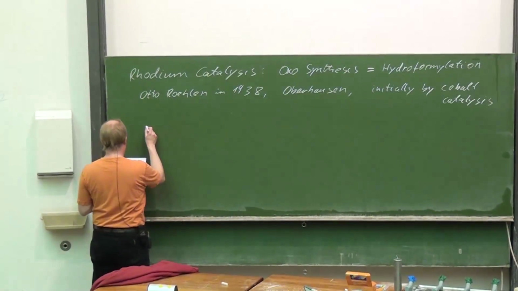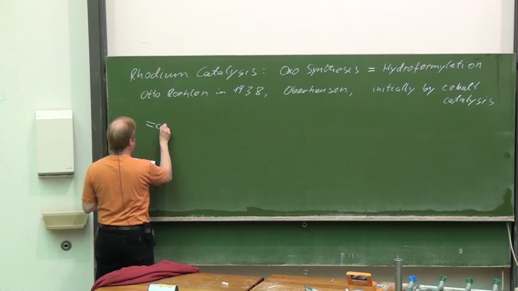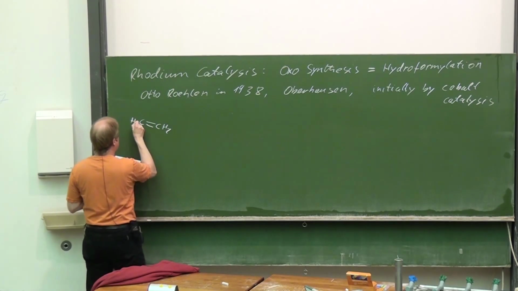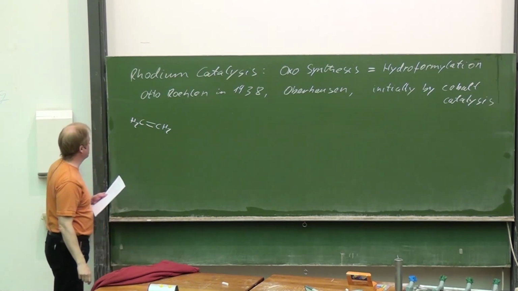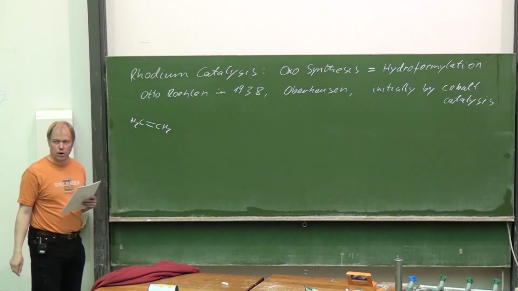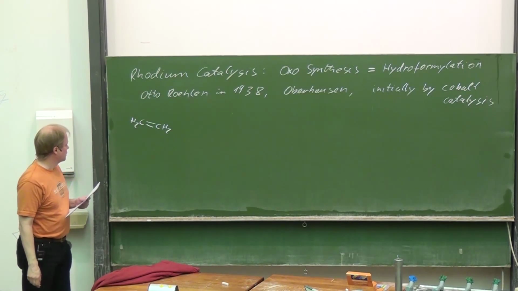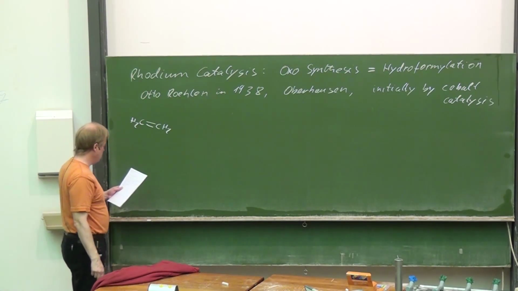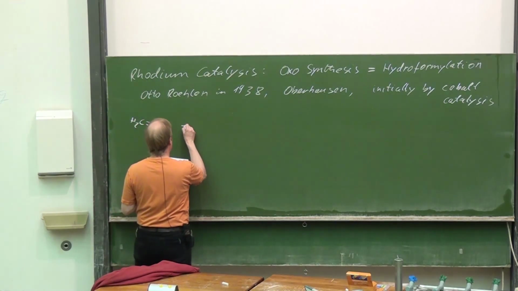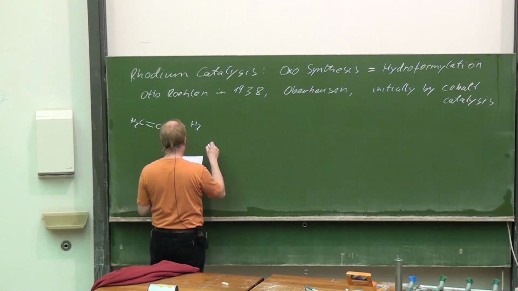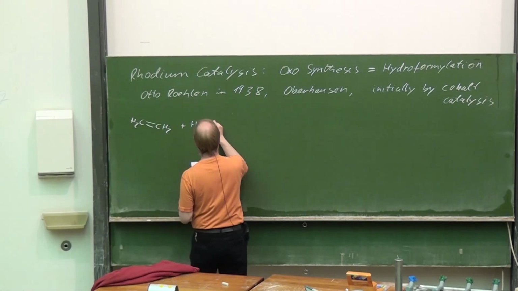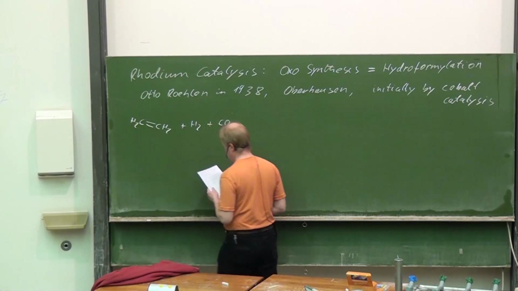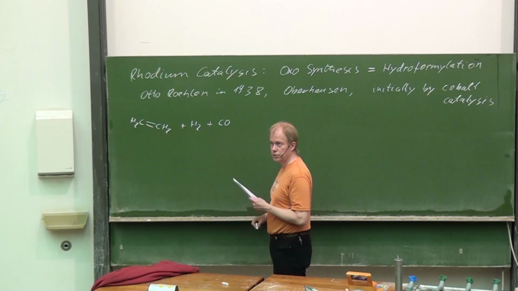Well, so the reaction, the most simple reaction we talk about, is the hydroformylation of the most simple olefin, ethene. It's treated with hydrogen and carbon monoxide.